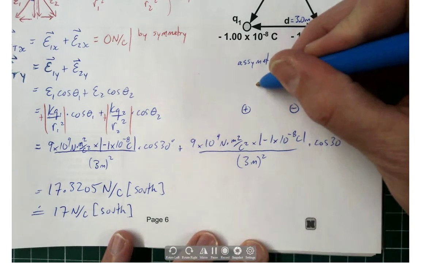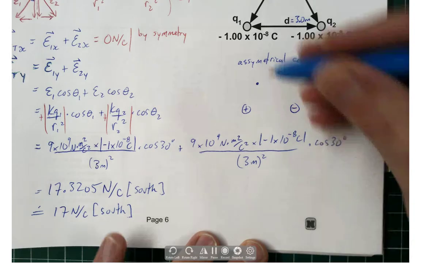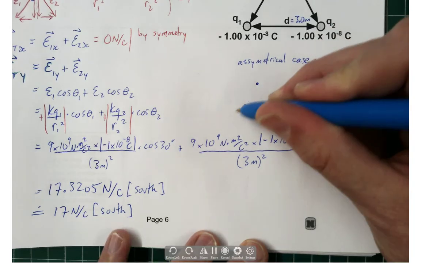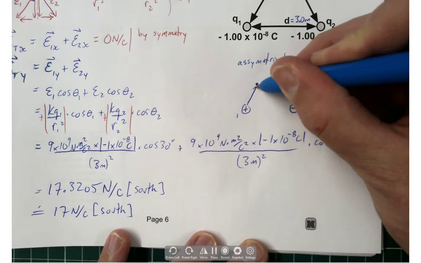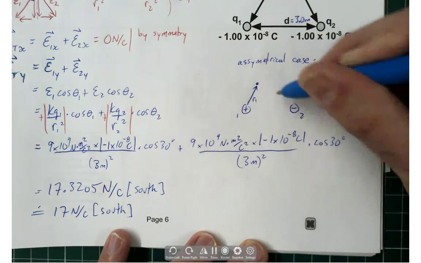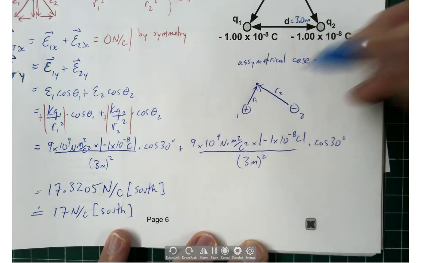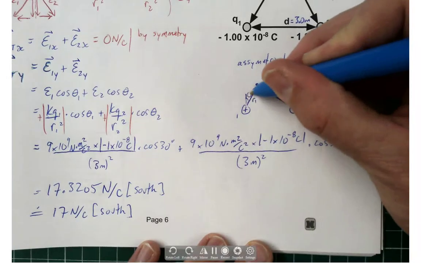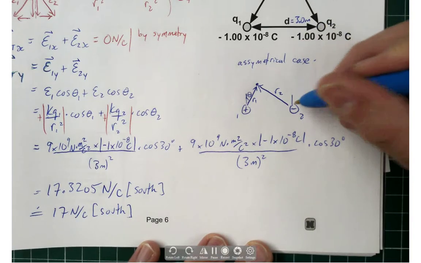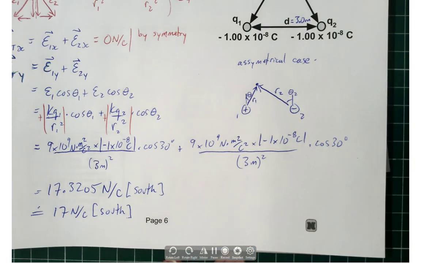Let's just say that we chose a point in space up here that's not at the vertex of an equilateral triangle. If this was charge 1 and this was charge 2, there would be an r1 value here, there would be an r2 value here. You would have to be given information like this theta value, theta 1, and this theta value, theta 2. You see what I mean?